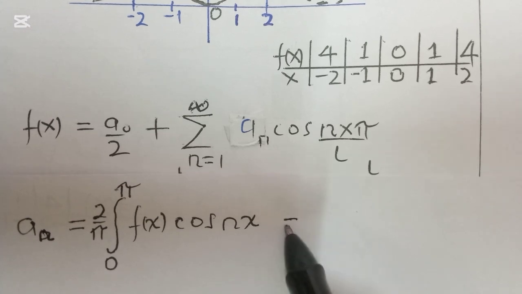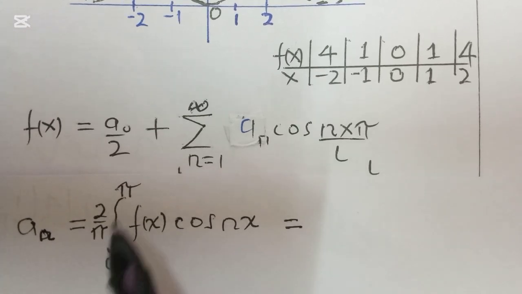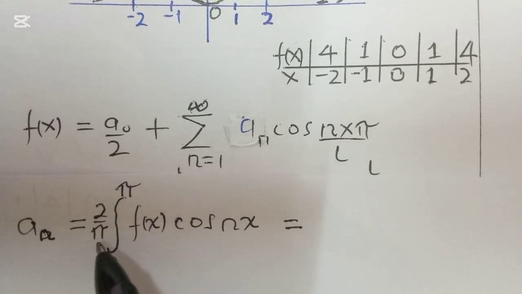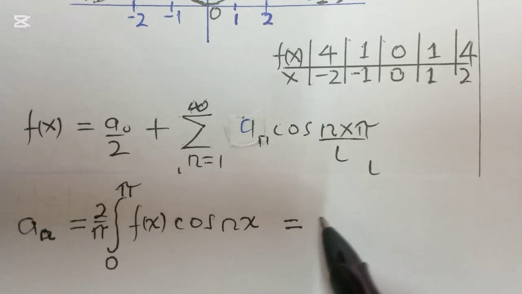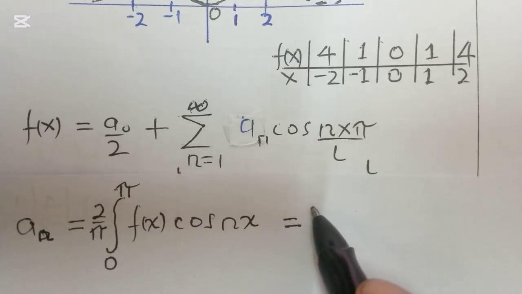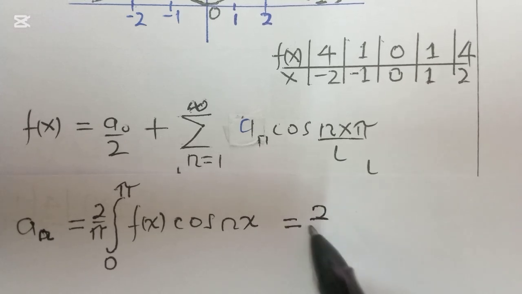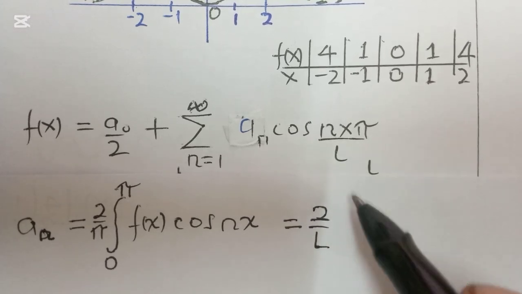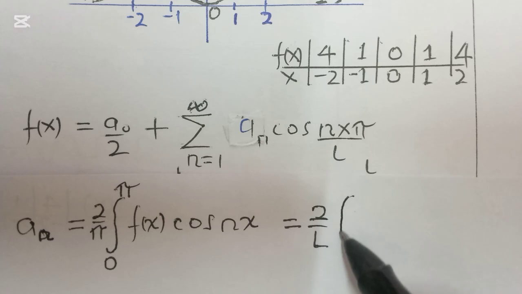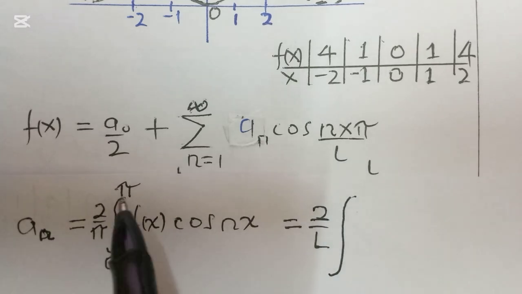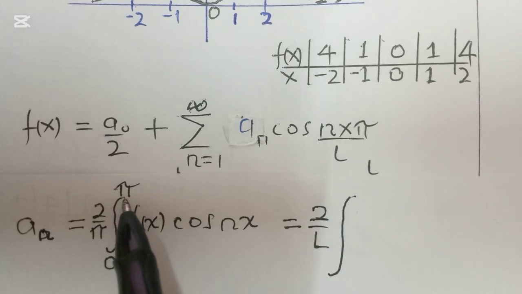In this case, L is represented by pi. So that now, instead of pi, we write 2 all over L, because remember, L is half the period, just like pi is half of 2 pi.